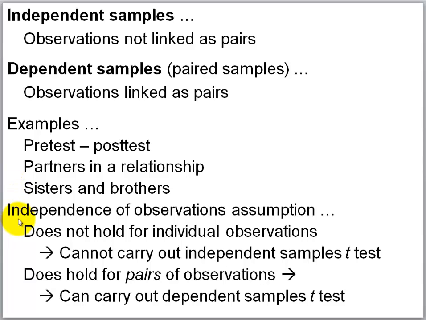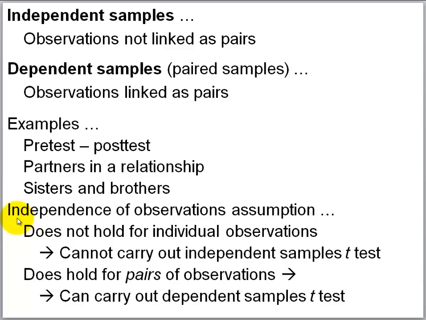So Chapter 12 presented the independence of observations assumption, which is an assumption for the significance procedures that we're covering in this text. And the independence of observations assumption is, in essence, that the observations of each person are independent of those of each other person. As if, for instance, you flip a coin one time, you flip a coin the second time.